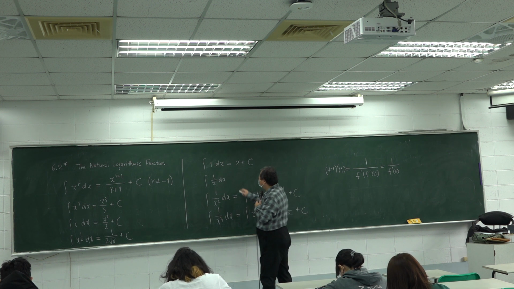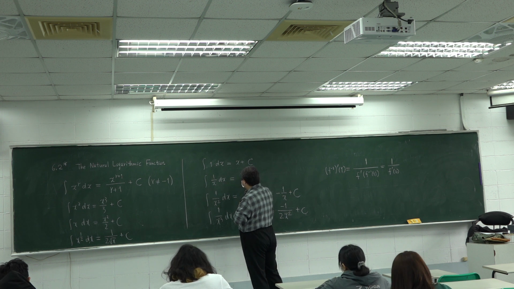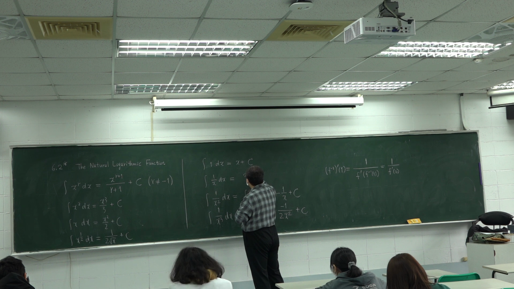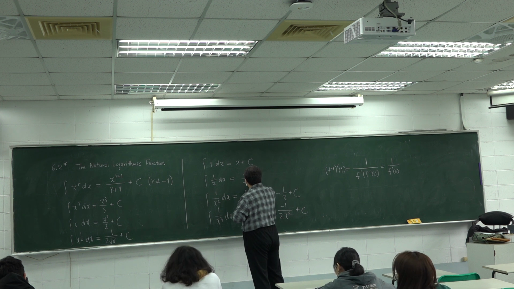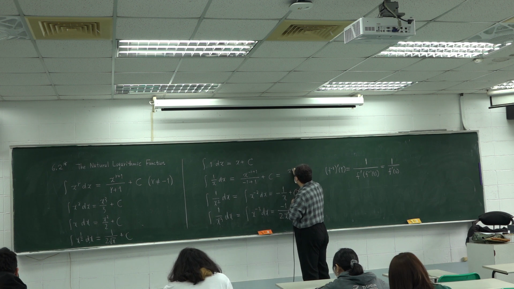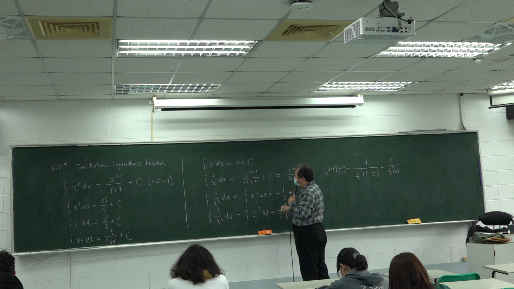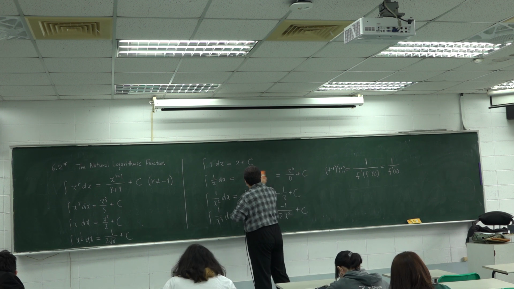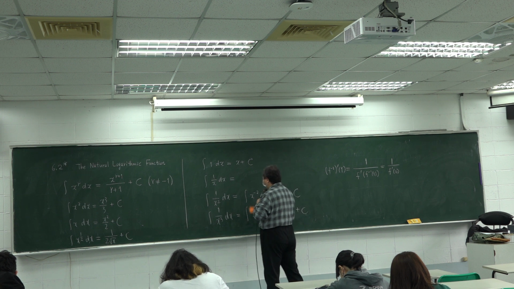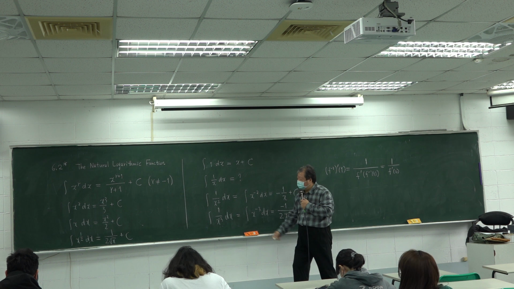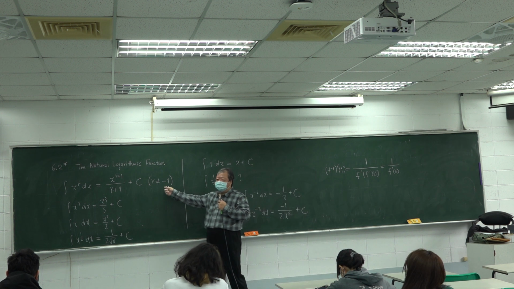But what is this? You cannot write x to the minus 1 plus 1 divided by minus 1 plus 1 plus c and obtain... No. No. This is not right. Yes, there's a gap here.